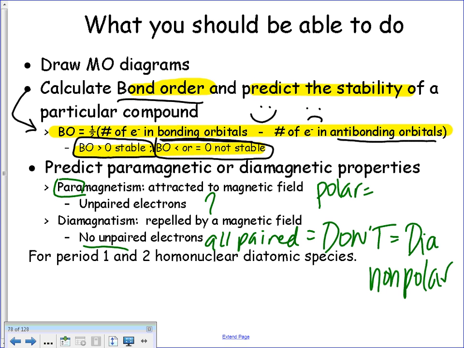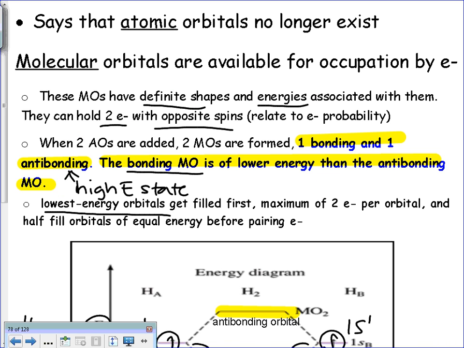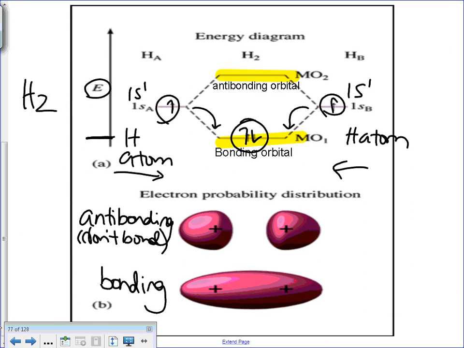So let's go back and calculate the bond order of our previous example using this scheme here for calculation purposes. So here we have the bond order formula. Bond order is equal to half of the electrons in the bonding orbitals minus half of the electrons in the anti-bonding orbitals.